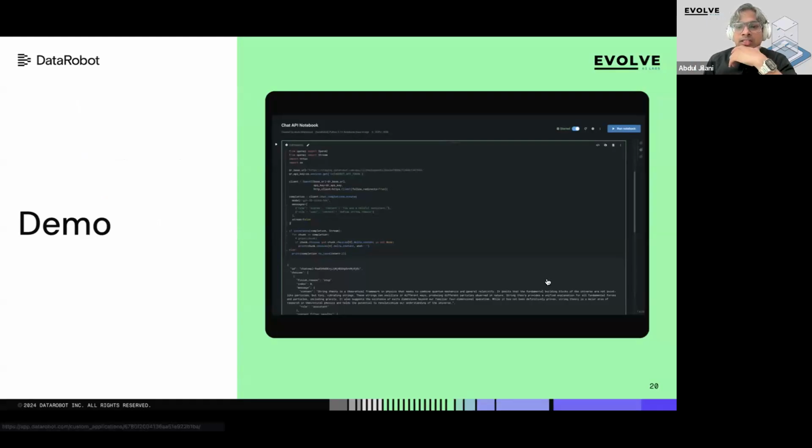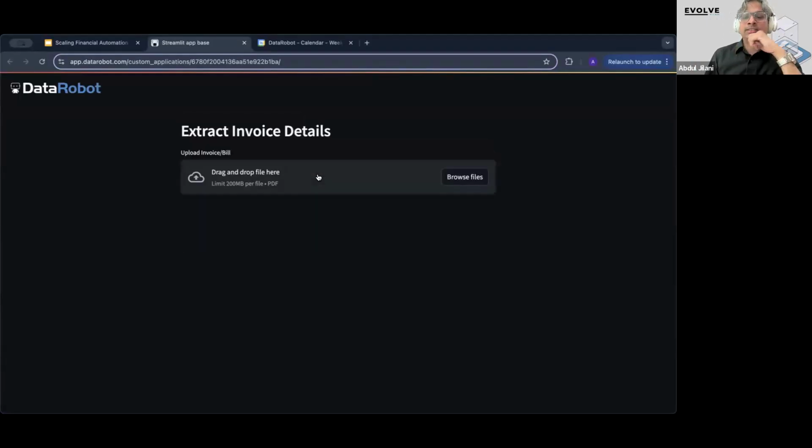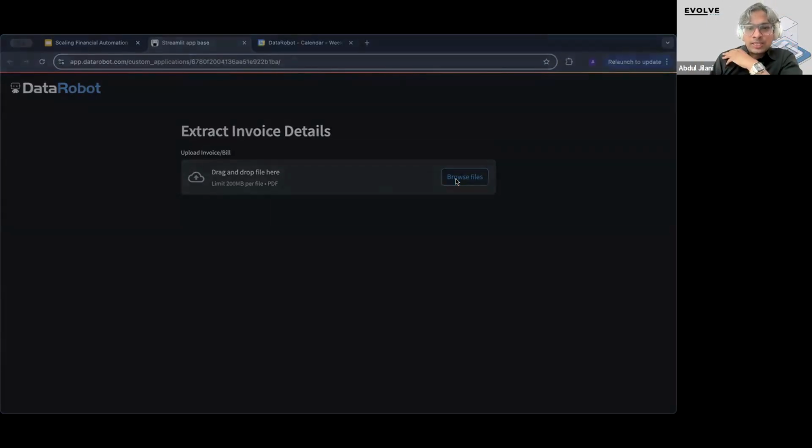So this is another process, which you can think of as employee reimbursement approval. So payment reconciliation, but for reimbursement flows. So for example, as an employee, I have bills that I want to reimburse.